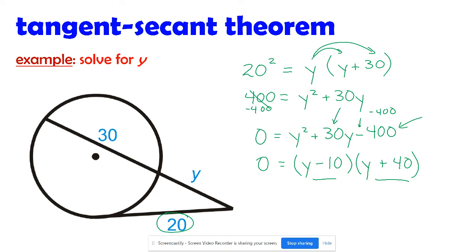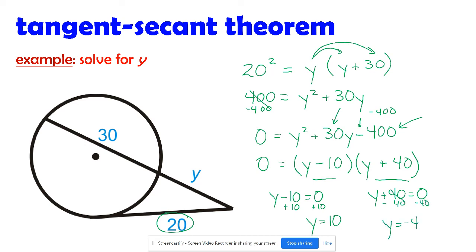So what you do next is you take each factor. Take y minus 10, make it equal to 0. Take y plus 40, make it equal to 0. Now we're going to solve both of these. I'm going to add 10 to both sides here. I get y equals 10. Over here, I have to subtract 40. I get y equals negative 40.